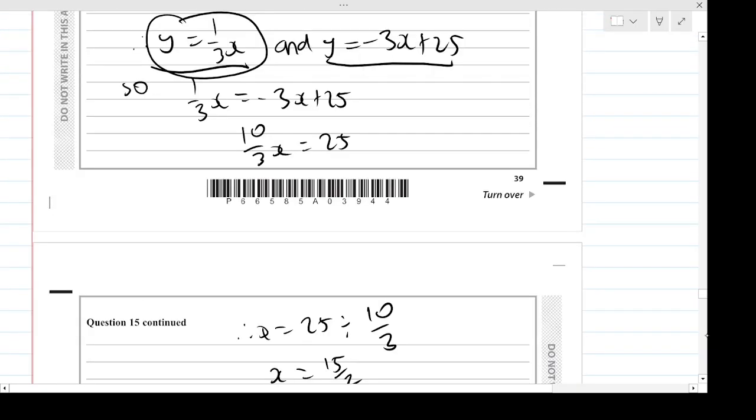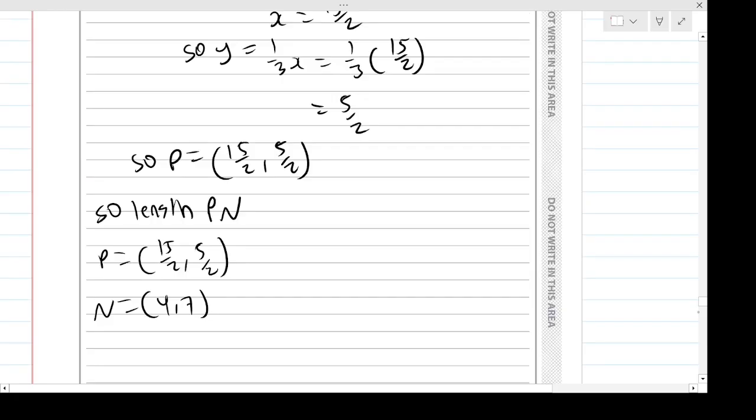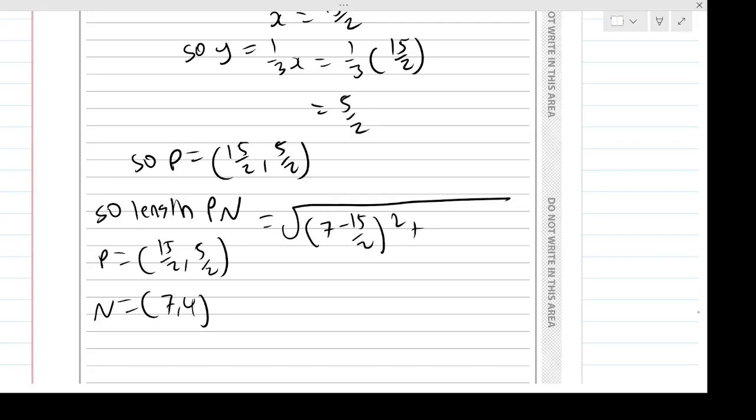So the distance between the two points is again just going to be the distance formula. It's the root of the change in x squared, so (7 − 15/2)², then the change in y squared, so (4 − 5/2)².